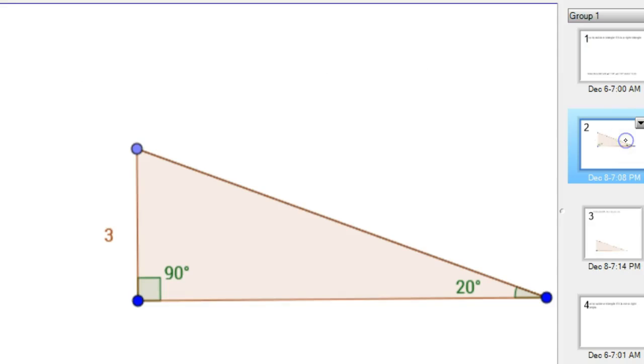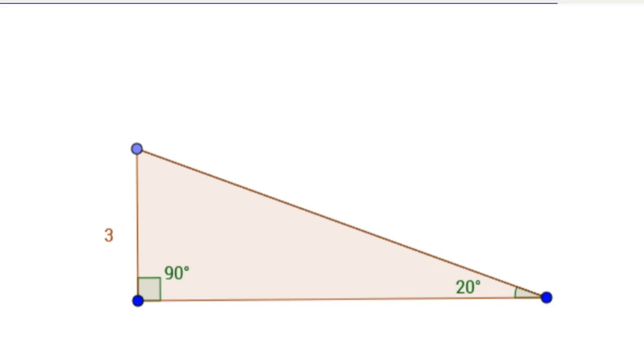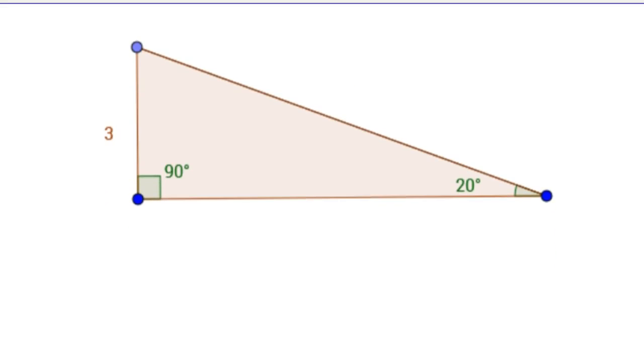And so I'll pull that picture up here. This isn't perfect by any means, but here's a little image of a right triangle with an angle of 20 degrees and an angle of 90.